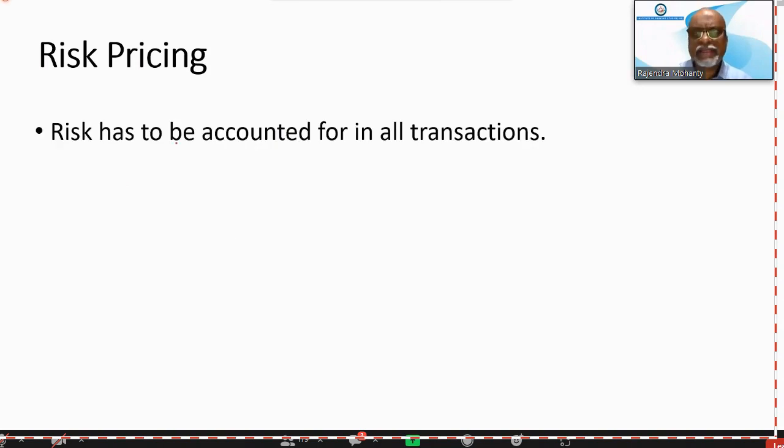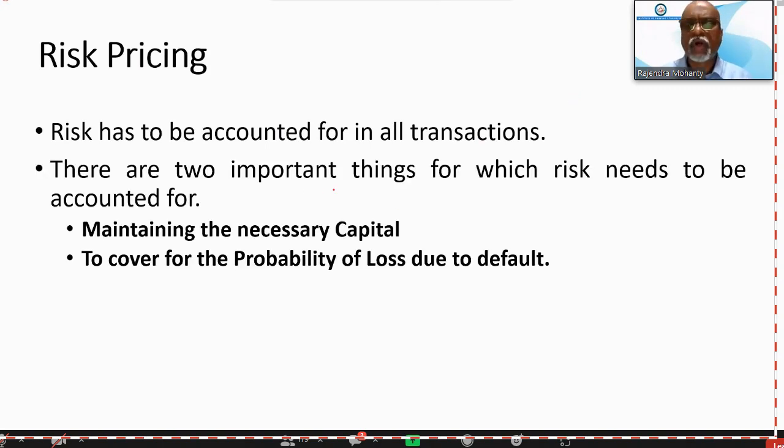So risk has to be accounted for in all transactions. Risk management says that your calculation of risk pricing has to be done at every transaction level. Every transaction level means one loan you are giving, for that you have to decide how much interest rate you are going to charge. The second thing is that there are 2 important things for which risk needs to be accounted for.